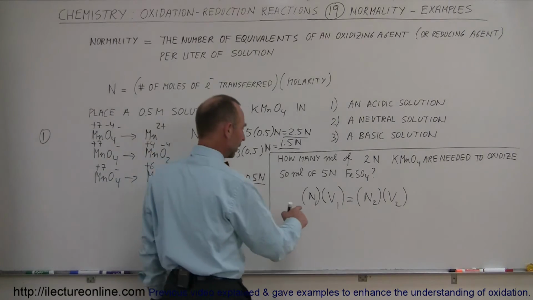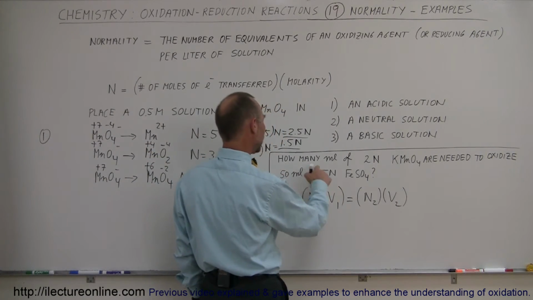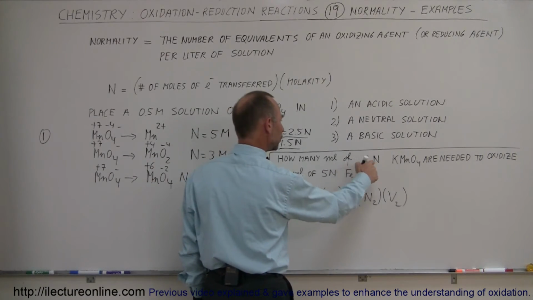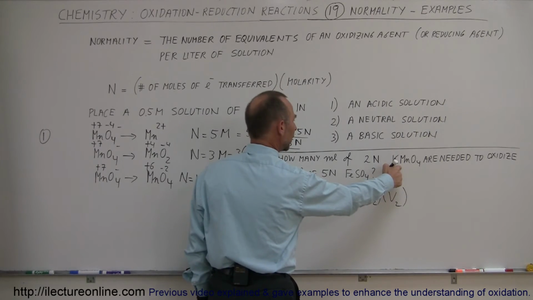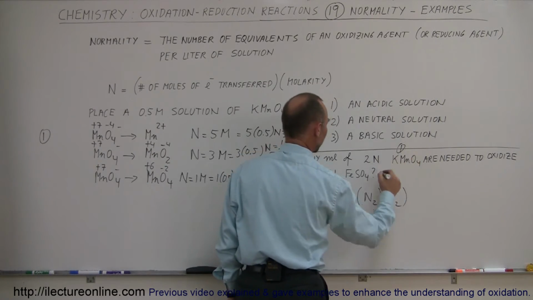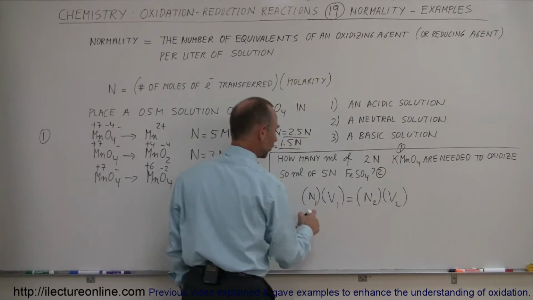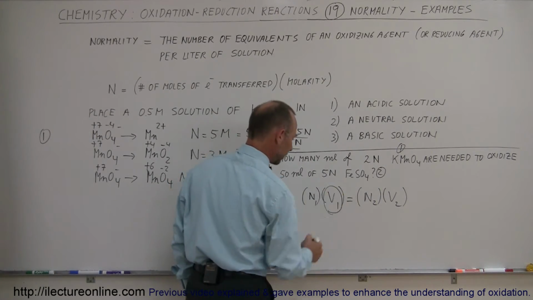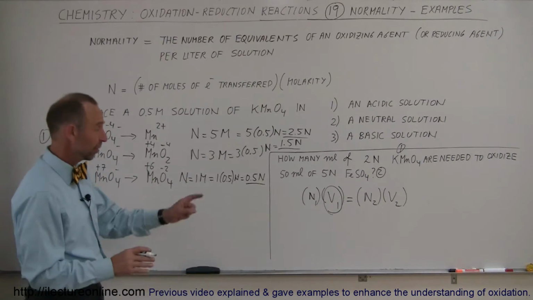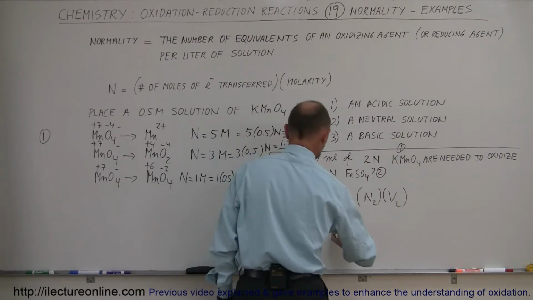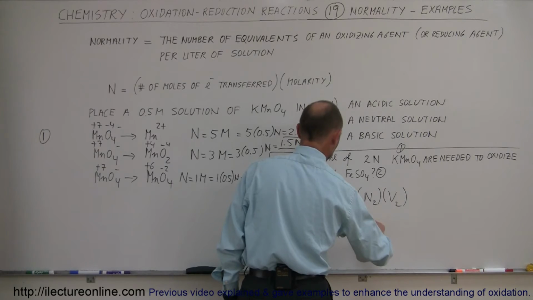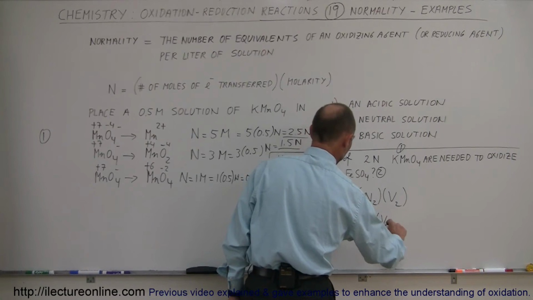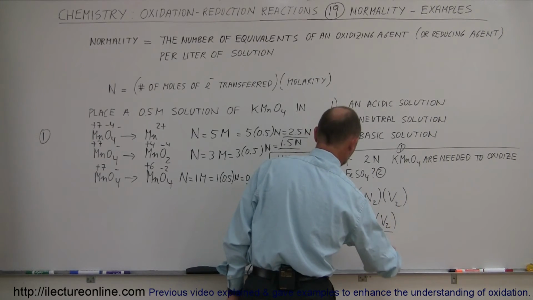And so here, since we're looking for how many milliliters of the 2 normality potassium permanganate, let's say that's our first item, and this is our second item right here. So we're looking for this volume right here. We simply solve for that volume. That volume is equal to the normality of the other solution times its volume divided by the normality of the first solution.